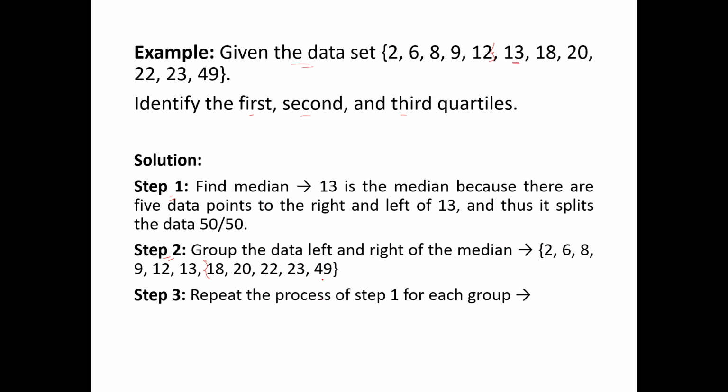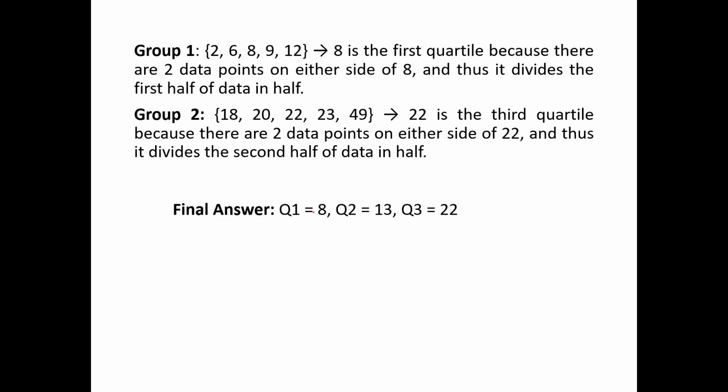That is, for the first group we find the median, and for the second group also we find the median. In group 1, 2, 6, 8, 9, 12, we know that 8 is the first quartile, because there are 2 data points on either side of 8. So it divides the first half of data in half.